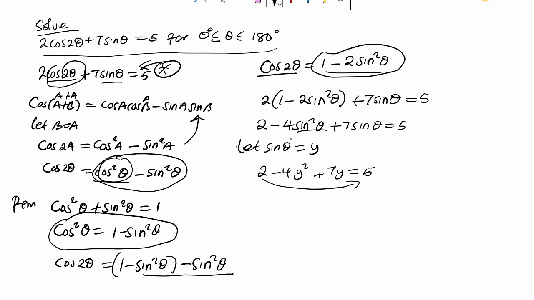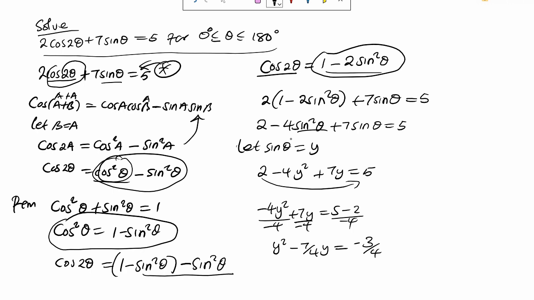First of all, 2 crosses the equal sign, I shall have minus 4y squared plus 7y equals 5 minus 2, and dividing everything by negative 4, what I shall have is y squared minus 7 over 4 y equals negative 3 over 4.